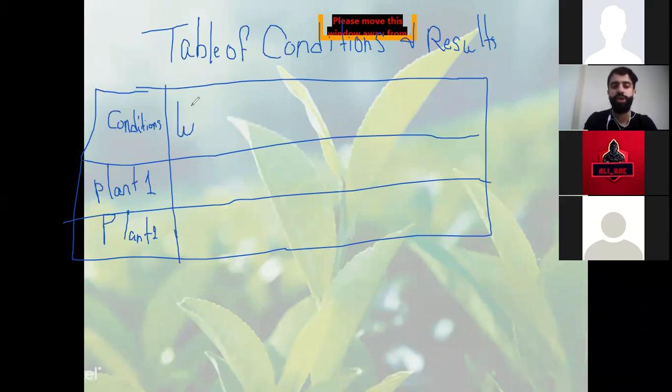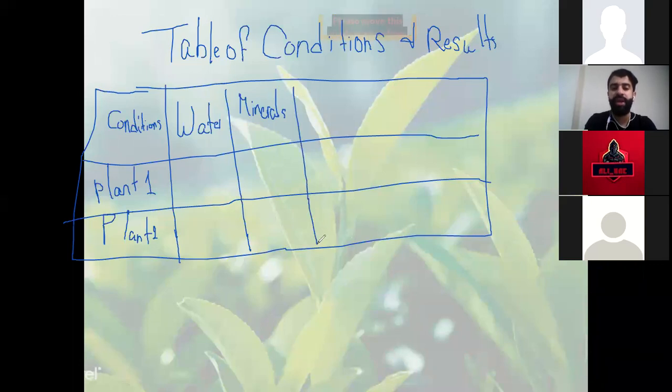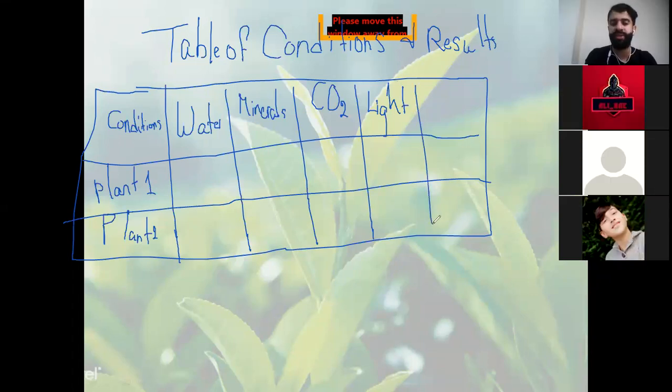We have water. This is the first one. Second, we have mineral salts or minerals. Then we have the CO2, and last condition, it's the light. And finally, we have to put the results.